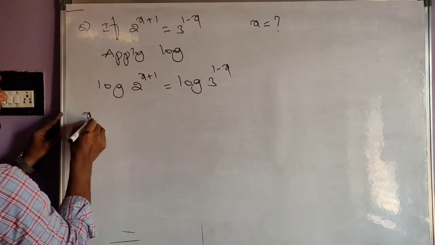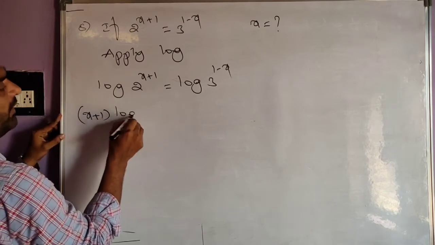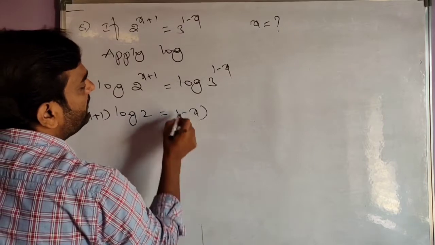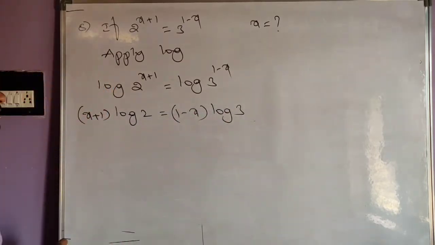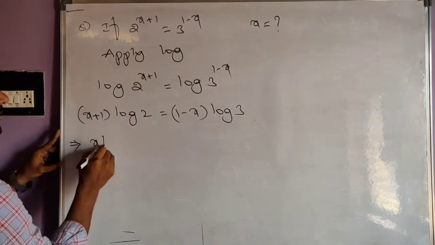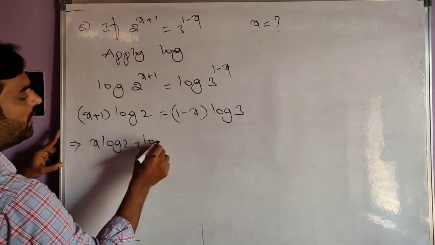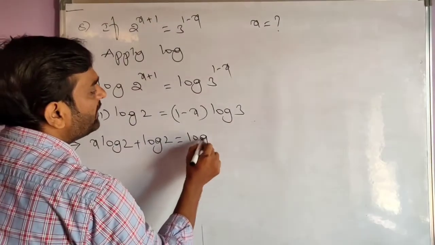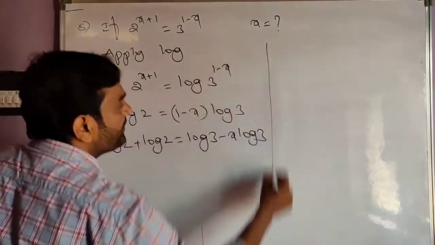So here it is x plus 1 times log 2, and here also the same, m log a. Now expand this: x log 2 plus 1 into log 2 is equal to 1 into log 3 minus x log 3.